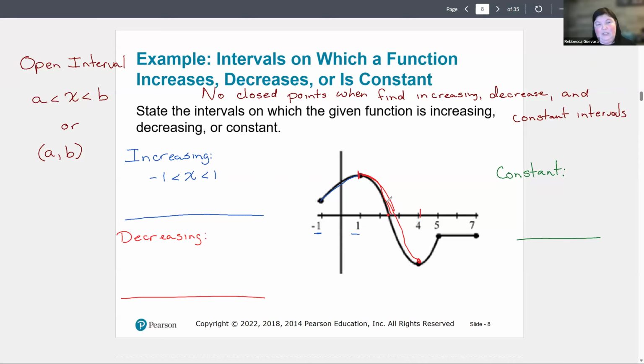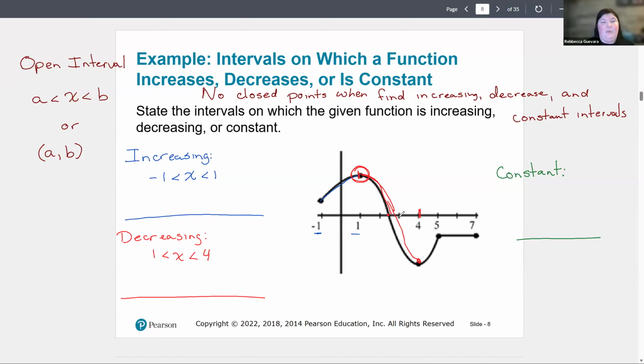So I get to 4. So between 1 and 4, it's decreasing. This is why we have an open interval, because right at that point at 1, we see that it was increasing on one side, but decreasing on the other side. So we can't really say that at 1, it's increasing or decreasing because it's kind of part of both intervals.